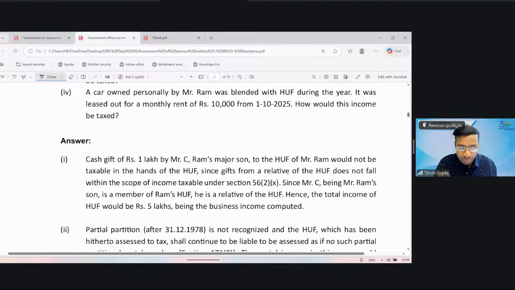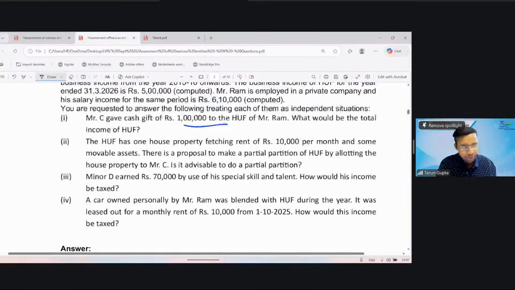The cash gift of 1 lakh by the major son to the HUF will not be taxable since a gift from a relative of the HUF does not fall in the scope of income under section 56(2)(x). And the total income of the HUF will continue to be 5 lakh under PGBP only. Clear?